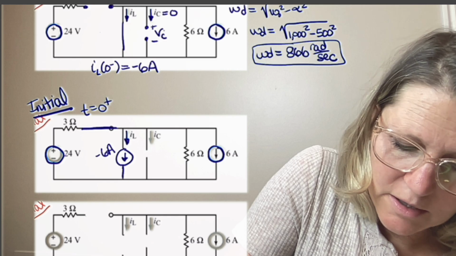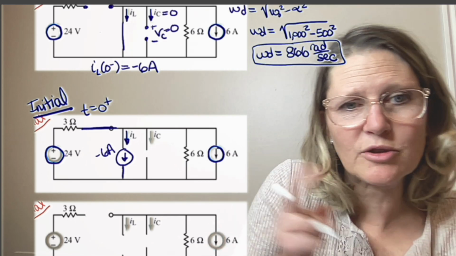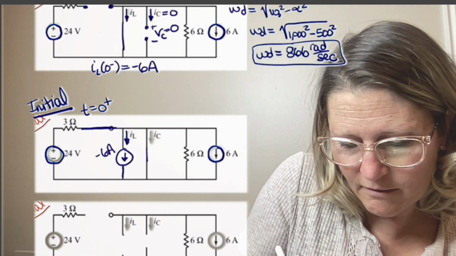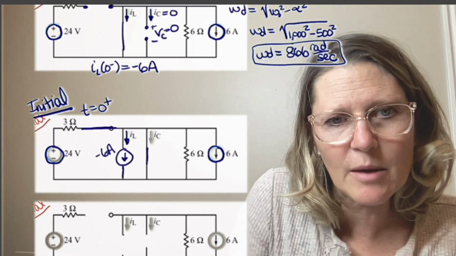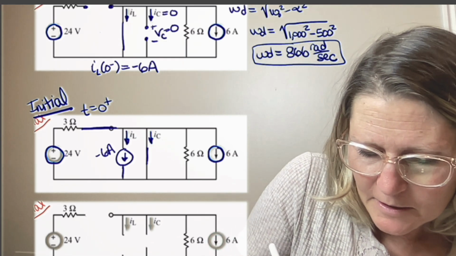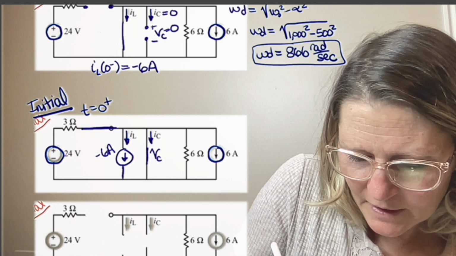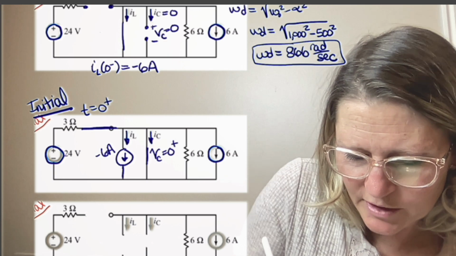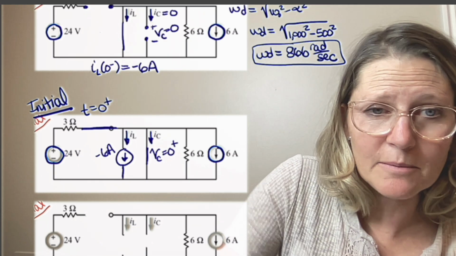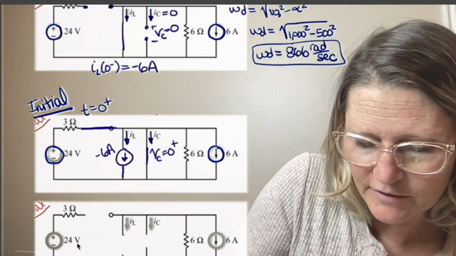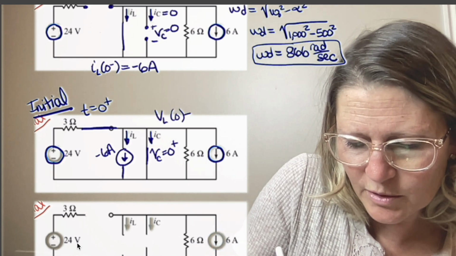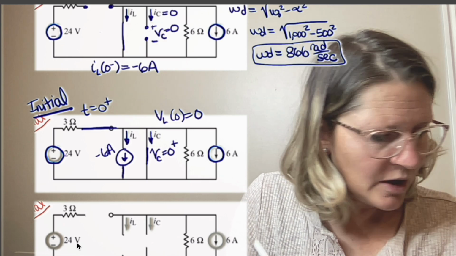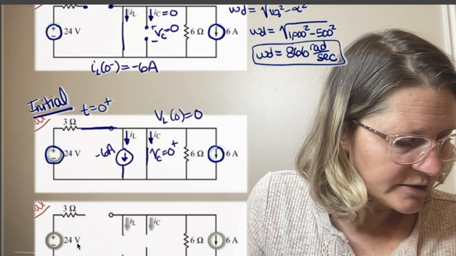And this is going to be 0 because you have a wire in parallel with it. So that means that VC has got to be also 0, which means, because it's again in parallel right after the switch, that VL of 0 will be 0. So those will be the initial values that we need.